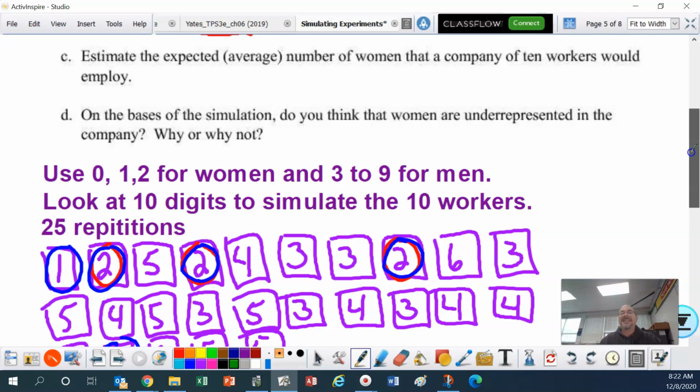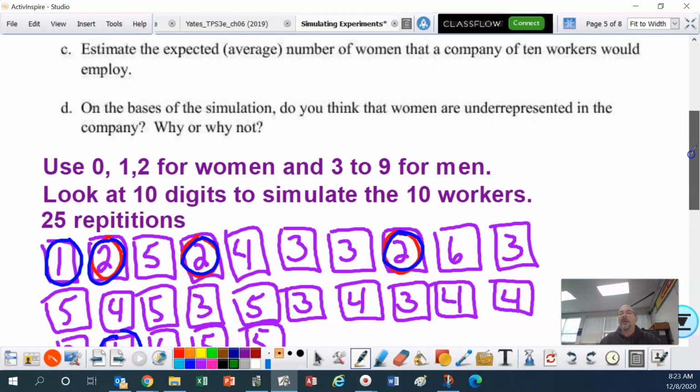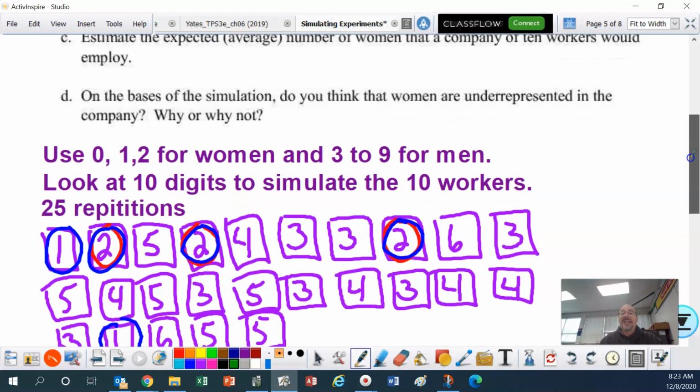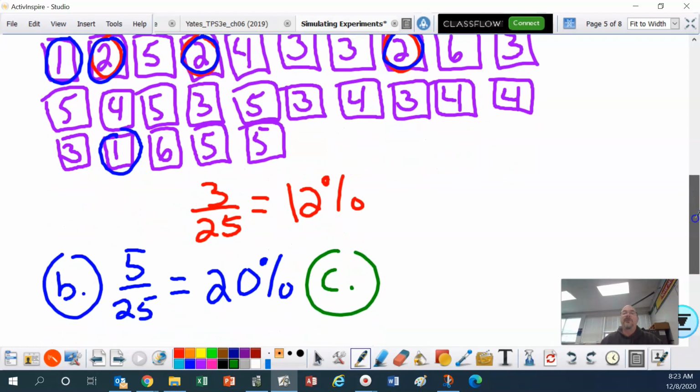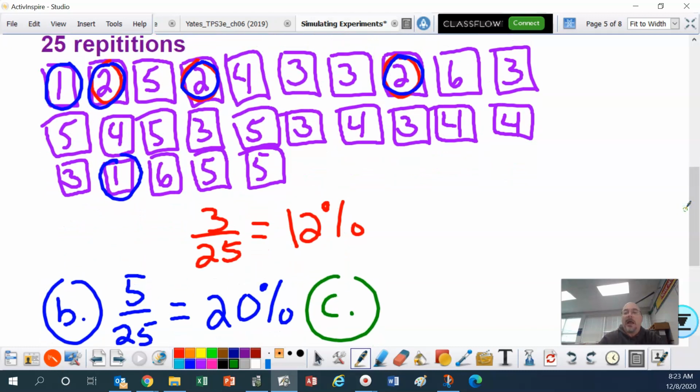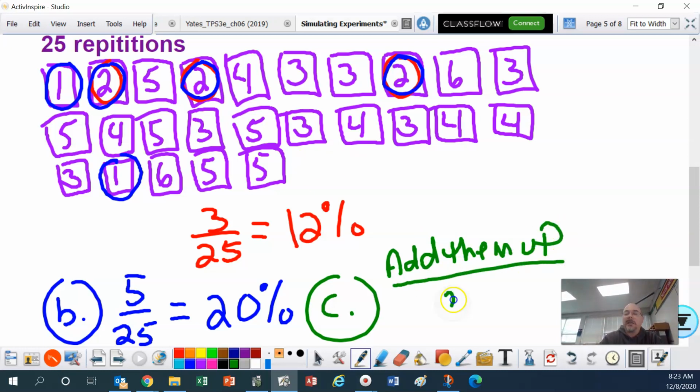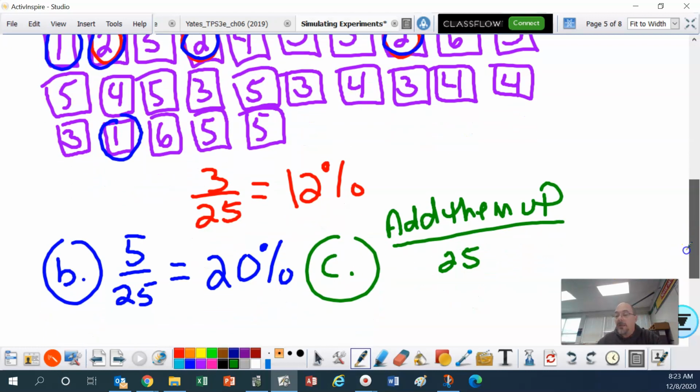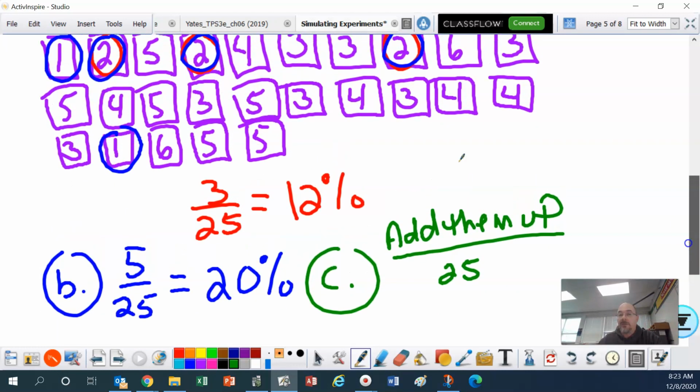All right, what does C say? Estimate the expected average number of women that a company of 10 workers would employ. Oh, the average. Okay, so folks, I'm going to add them all up and divide by 25, because it's the average. Well, let's see. If I add them all up, and hopefully I did my addition correctly, I believe this is what I got.